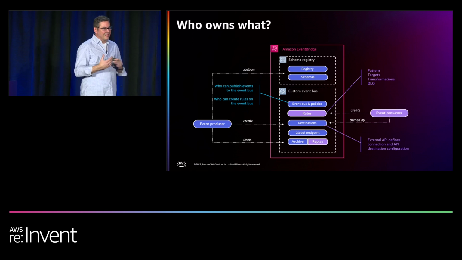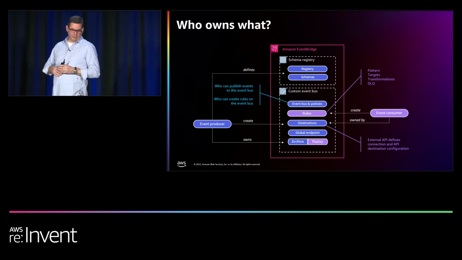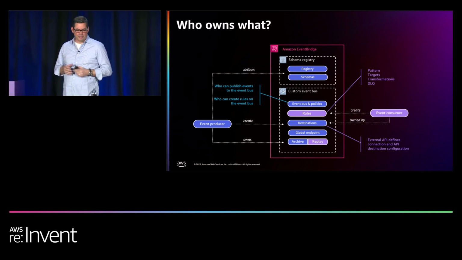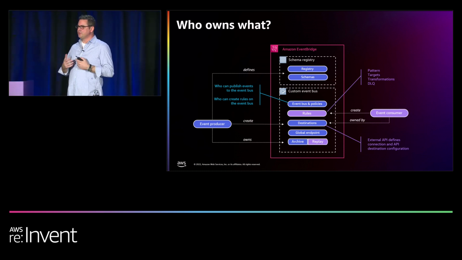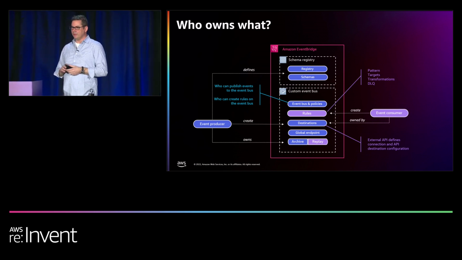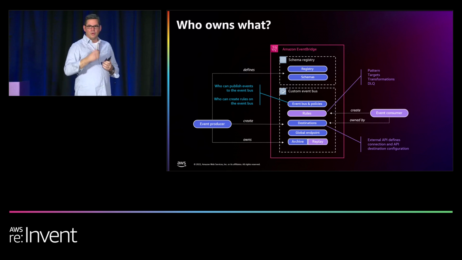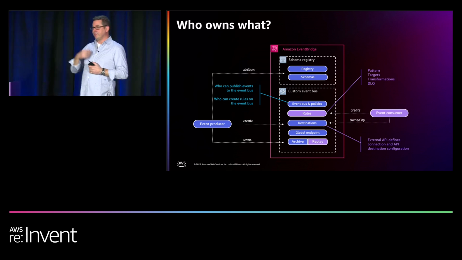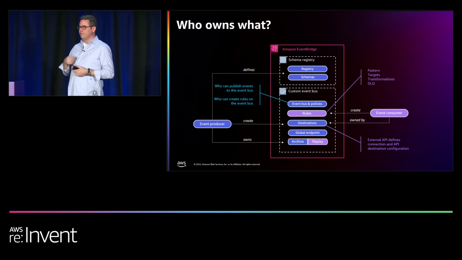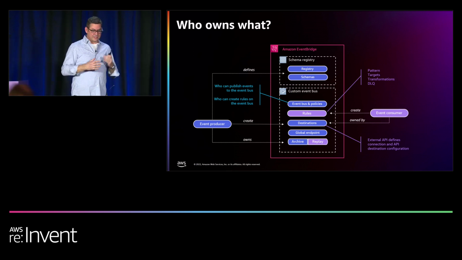In order to maintain a decoupled relationship, event consumers should essentially be able to create rules on an event bus that they don't potentially own. Event consumers should be able to add and remove rules from an event bus as they see fit.